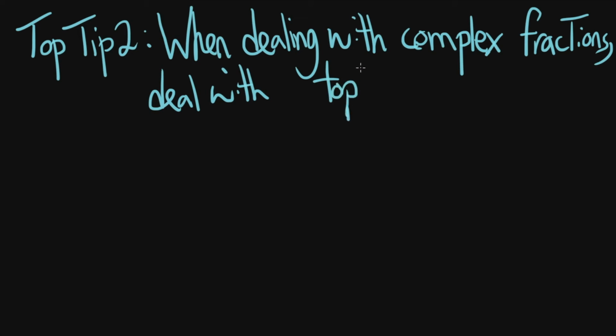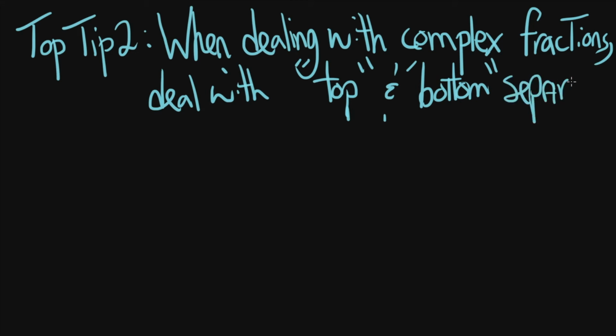Now I know I'm using the word top, the numerator, and the bottom, denominator, separate. With an example, this will make sense. But don't be scared of these ones. Students get scared by these ones all the time, and I've never seen math numbers ever jump off the page and attack somebody. So here we go.